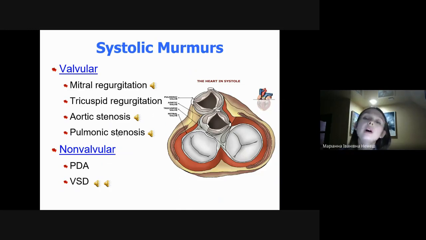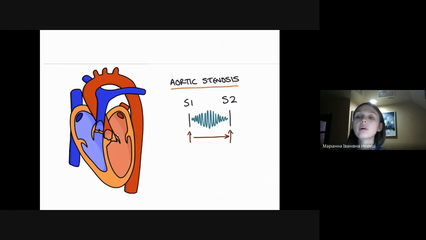So we could divide murmurs into systolic murmurs. Examples of systolic murmurs are mitral regurgitation, tricuspid regurgitation, aortic stenosis, and pulmonary stenosis. In the case of aortic stenosis, this murmur will appear between the S1 and S2 sounds.